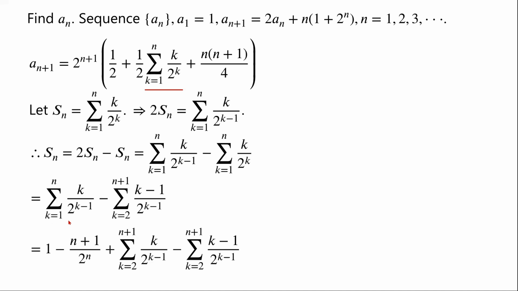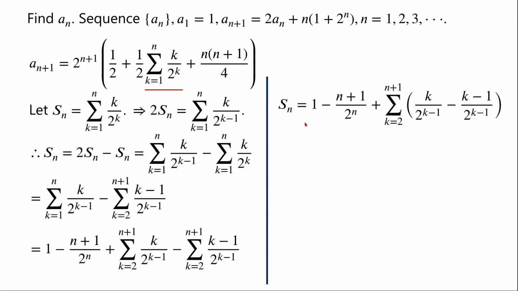Sigma k equals 1 to n of k over 2 to the power of k minus 1 can be written as 1 minus (n plus 1) over 2 to the power of n plus sigma k equals 2 to n plus 1 of k over 2 to the power of k minus 1.